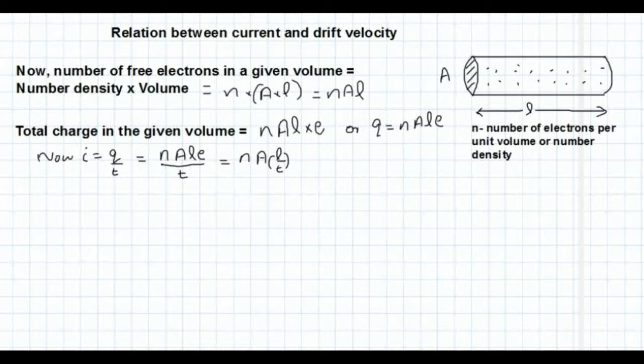Therefore current is equal to nA into L by t into e. And what is L by t? L by t represents the drift velocity. So from the previous class we know the definition of drift velocity. Therefore I is equal to nAv into e, where v is the drift velocity vd.